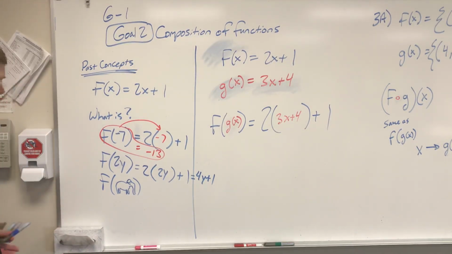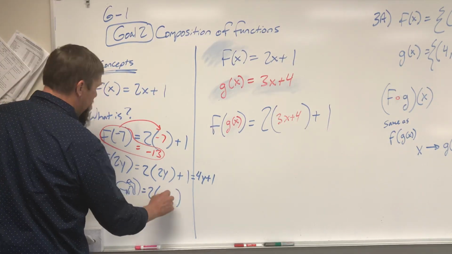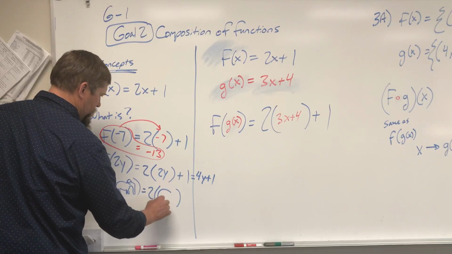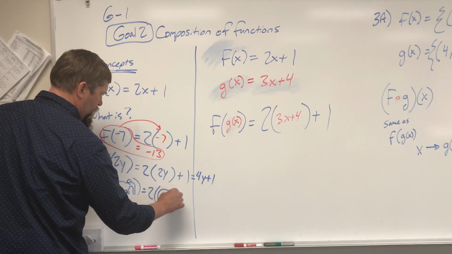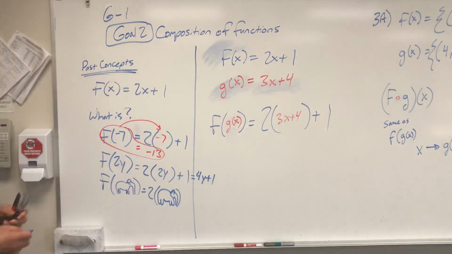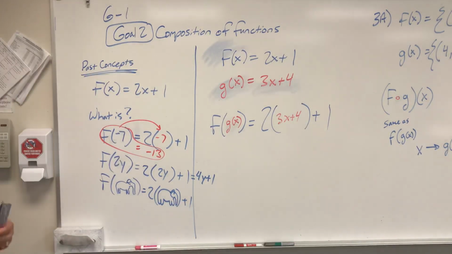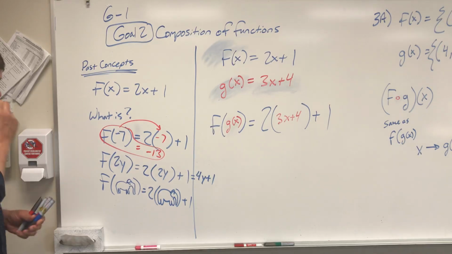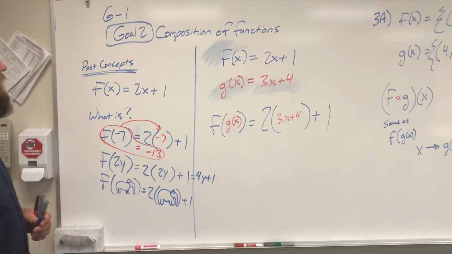If we have f of elephant, you do exactly the same thing: 2 times elephant plus 1. You simplify, and that's it. 2 elephants plus 1. Okay, so that's how you evaluate functions.